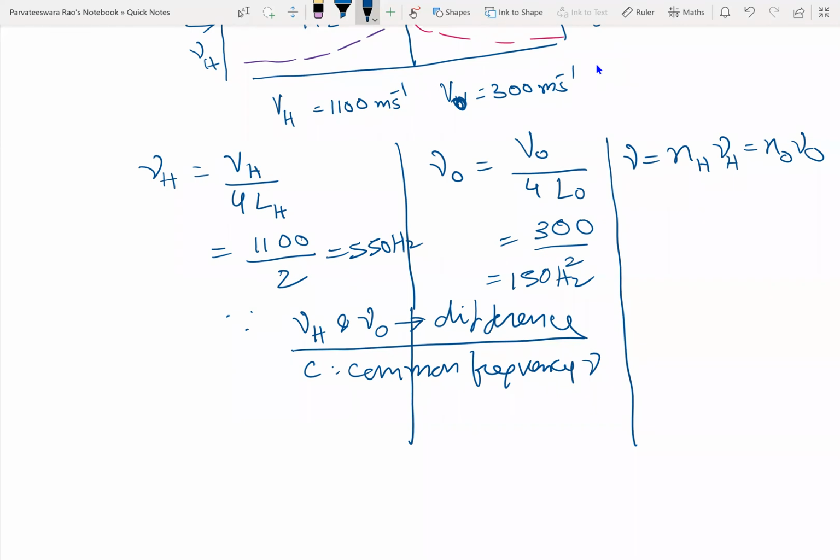Therefore, NH by N naught is equal to nu naught by nu H. So it is 150 by 550, 5 threes, 5 11s, 3 by 11.